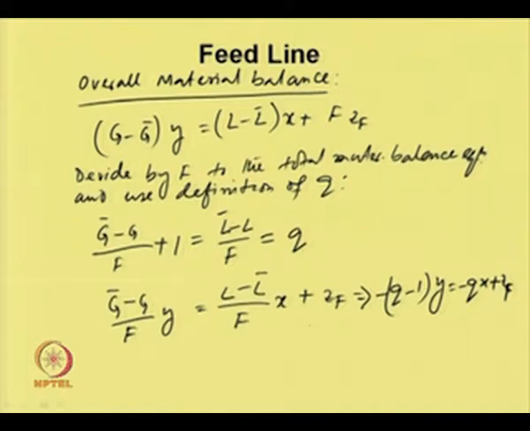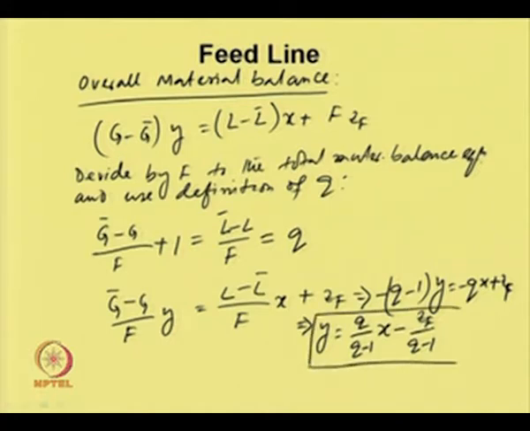From this we can write y is equal to Q by Q minus 1 times x minus zF divided by Q minus 1. So, this is the operating line equation for the feed line, or it is known as the feed line equation.